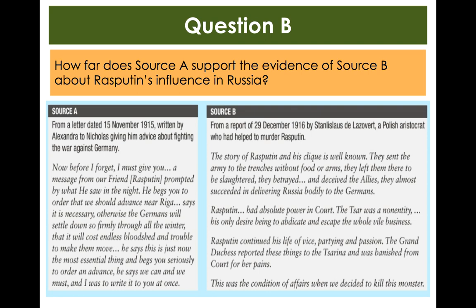Based on our knowledge and understanding of Rasputin so far, we can probably gather that these 2 sources are going to be a little bit different to each other and certainly going to have different opinions. However, we must remember in the question we're going to see, do they support each other or don't they? And we must reflect that back on the question, which is its influence on Russia.